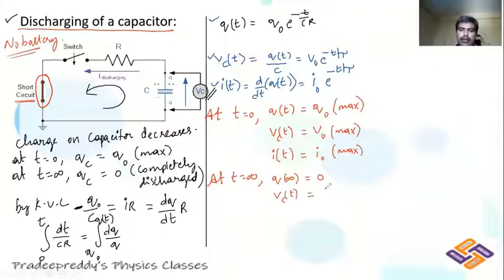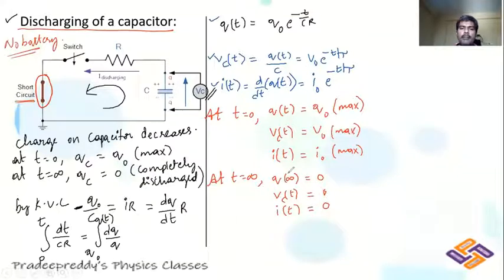That also becomes 0. Voltage decreases to 0. What about current in the circuit? Current is also finally tending to 0. This is what discharging of a capacitor represents. Clear? So charge decreases, potential difference decreases, and current also decreases in the circuit.